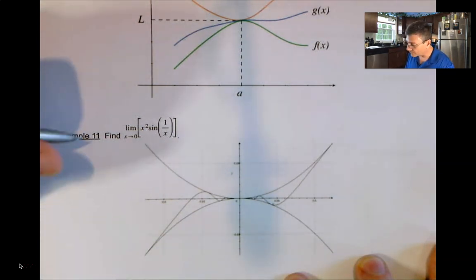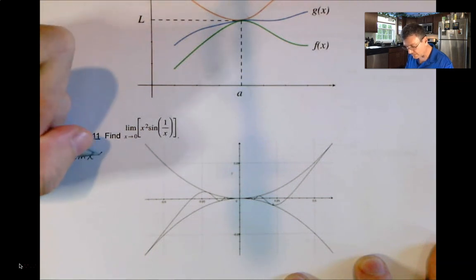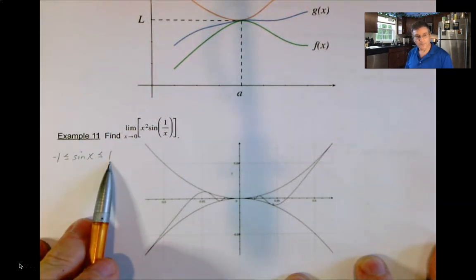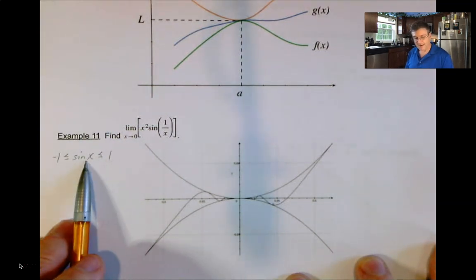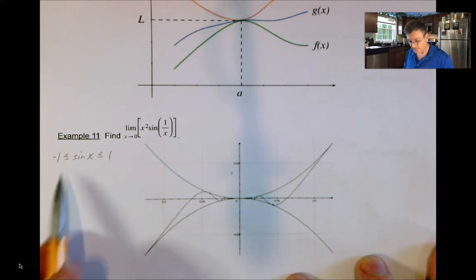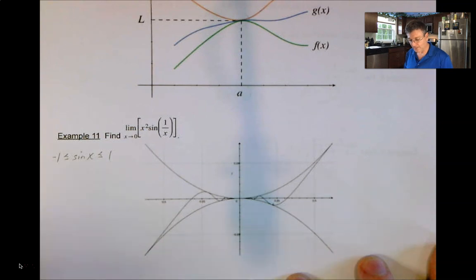We know this relationship for sine. The range for sine is always between -1 and 1. Sine is never bigger than 1. Sine of x is never smaller than -1. So the range for sine is always -1 to 1.